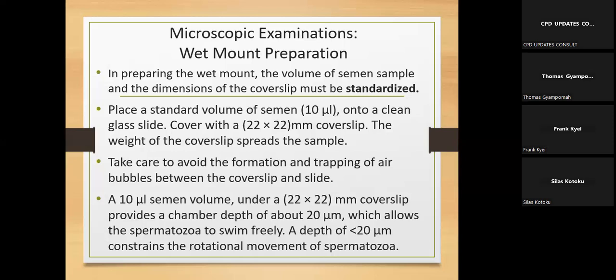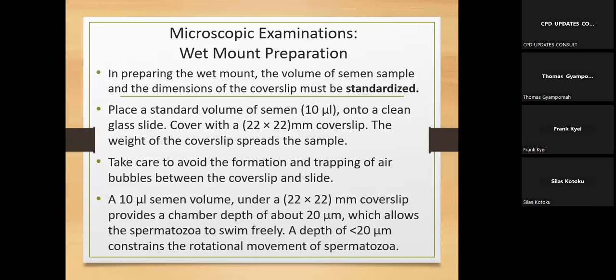If you take a higher volume, you are going to get a depth of more than 20 micrometers, and that would mean that some sperms can lie on another one. But if it's 20 micrometers, it can only occupy one sperm at a time.